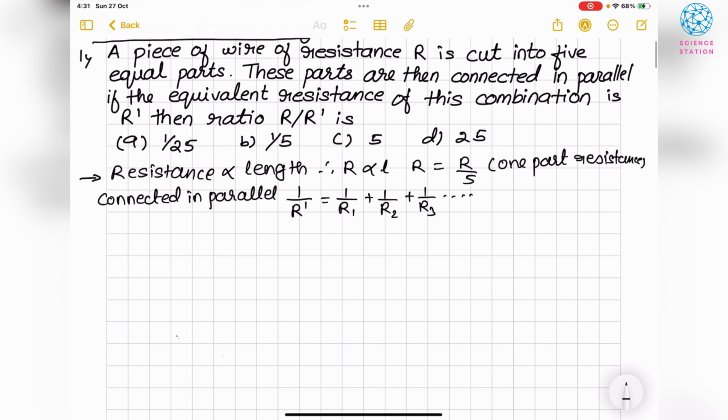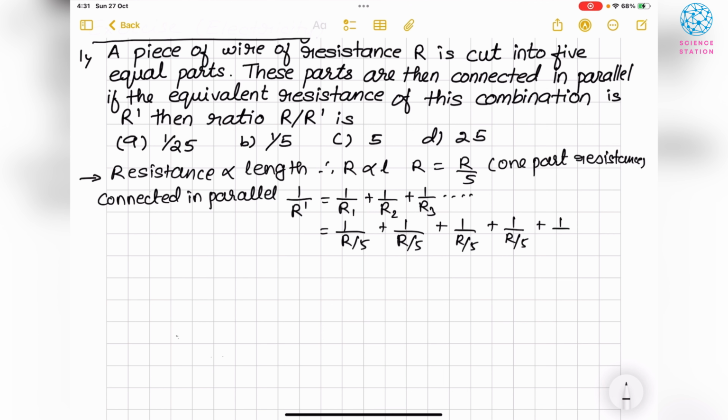So here it is 1 upon R by 5 plus 1 upon R by 5, and so on. All 5 resistances are of the same value.